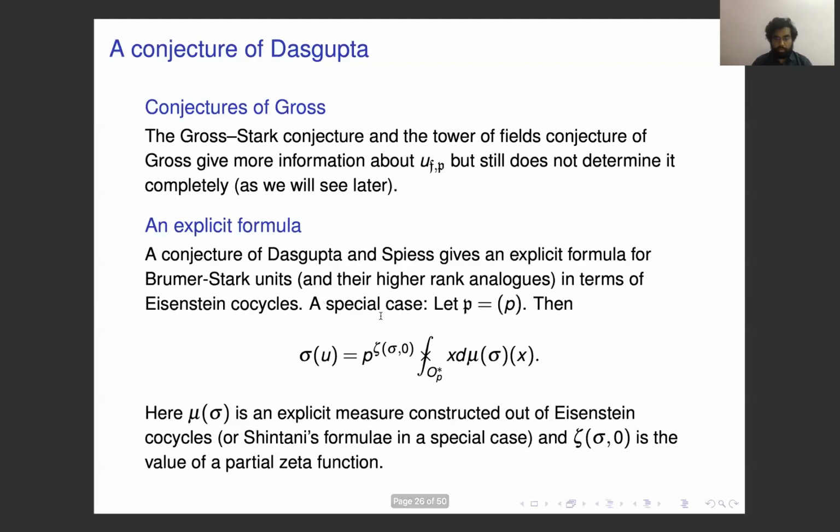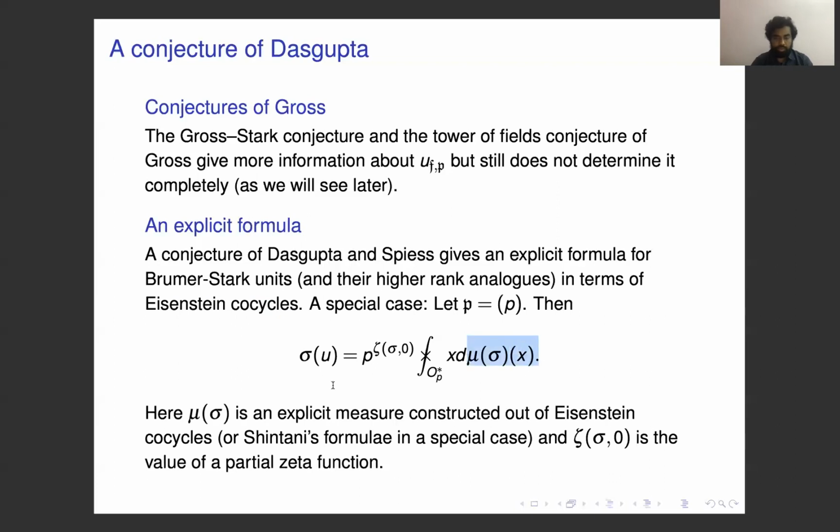Okay. A special case is when P is inert in F, where we can write down a nice integral expression for this. So sigma is an element of the Galois group, and we can write down a formula for every conjugate of u. So that's how we find the minimal polynomial of u. Okay, so this is given by some multiplicative integral with respect to some measure.